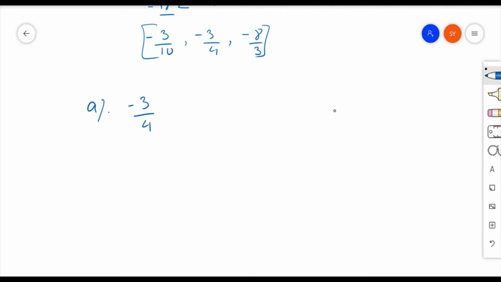Now, whenever you're plotting anything on a number line, you first compare the numerator and denominator. Whether it's a negative sign or positive sign, it doesn't matter. Just see which number is greater. If the numerator is less than the denominator, on a number line it lies between 0 and 1.